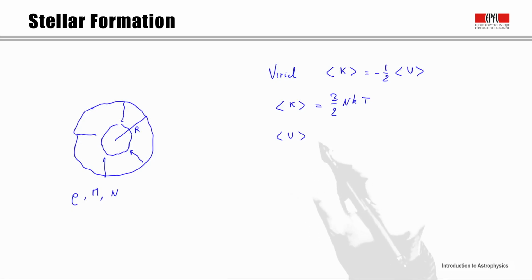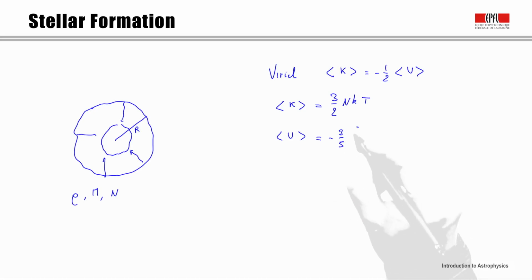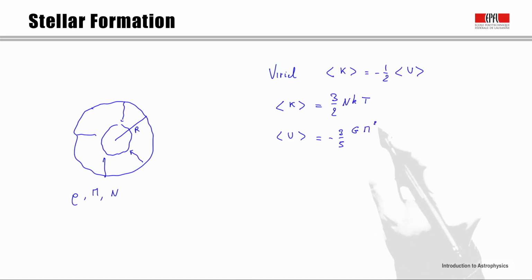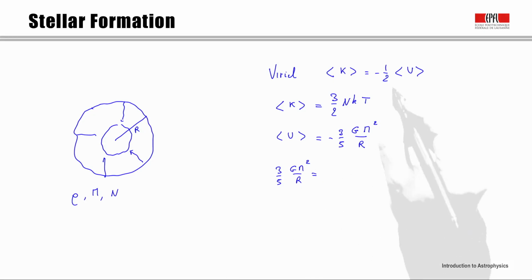If we now assume our nebula fragment to be more or less spherical in shape, we can compute the potential energy like we did in the previous video, 3GM squared over 5R, M being the total mass, R the radius of the nebula. If it can be approximated to a sphere, both quantities are equal by the virial theorem. And we have then GM squared divided by R equals 3NkT.